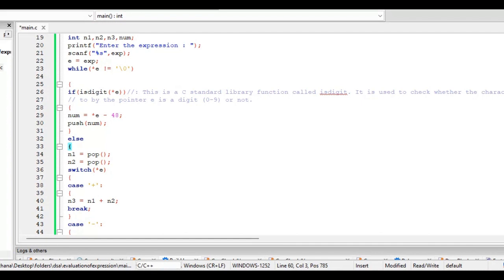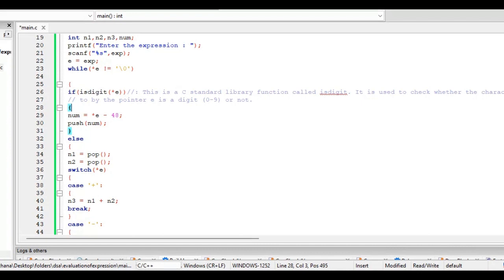Okay, if isdigit of *e, you move to the following statement: num is equal to *e minus 48. Why are we mentioning 48? Because the ASCII value of the digit is 48 greater than the number itself. If the digit is 0, its ASCII value is 48, then 49 for 1, and so on. The value keeps on changing if it is a number.